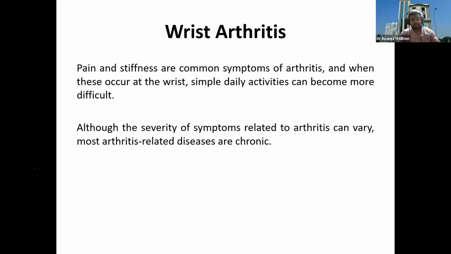Wrist arthritis. The wrist is another very important and very common site for arthritis. There are two types: inflammatory arthritis and degenerative arthritis. Both affect this area. In terms of age, below 40 it is mostly rheumatoid arthritis or small joint arthritis.